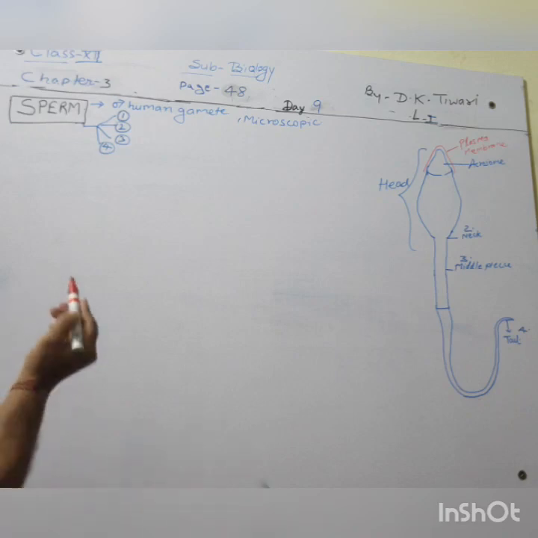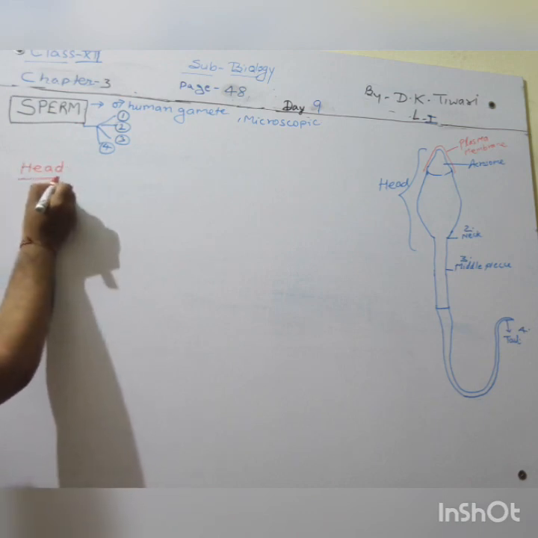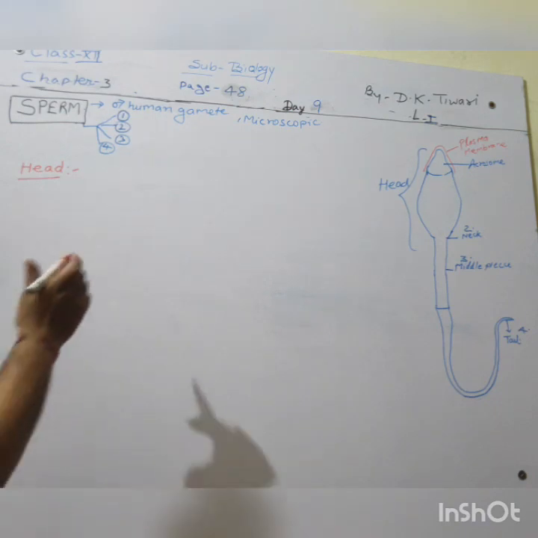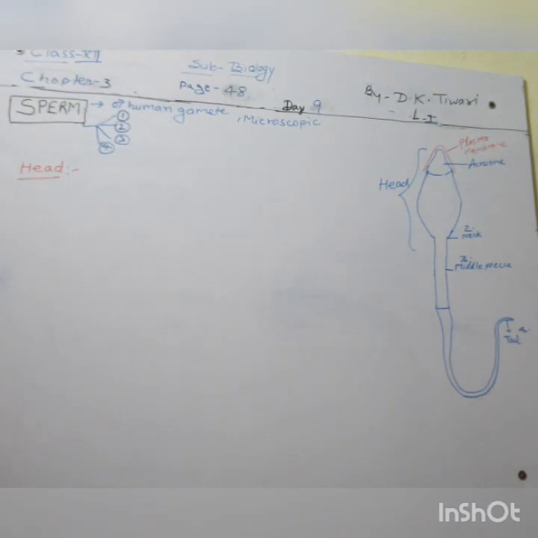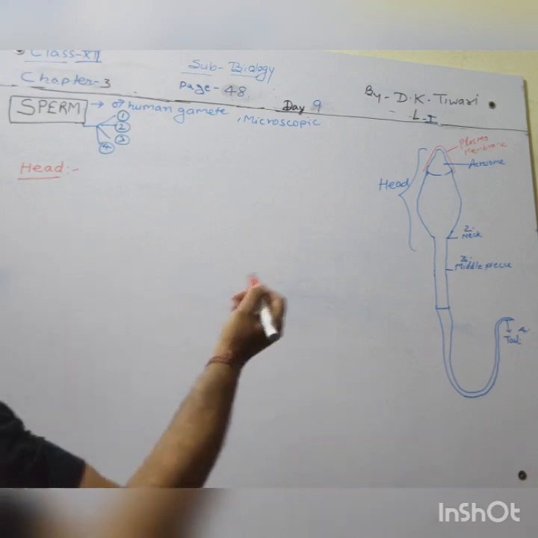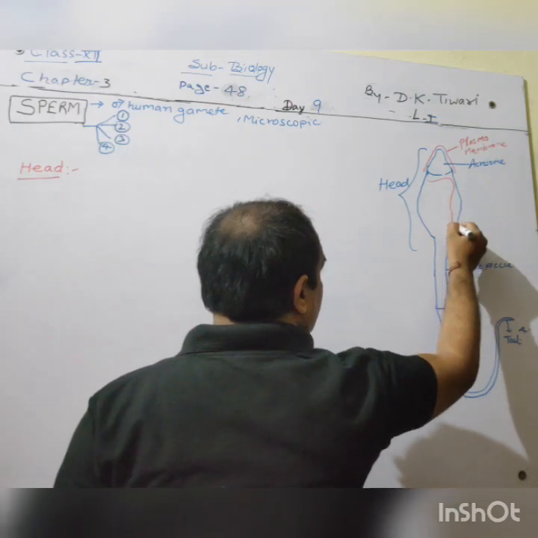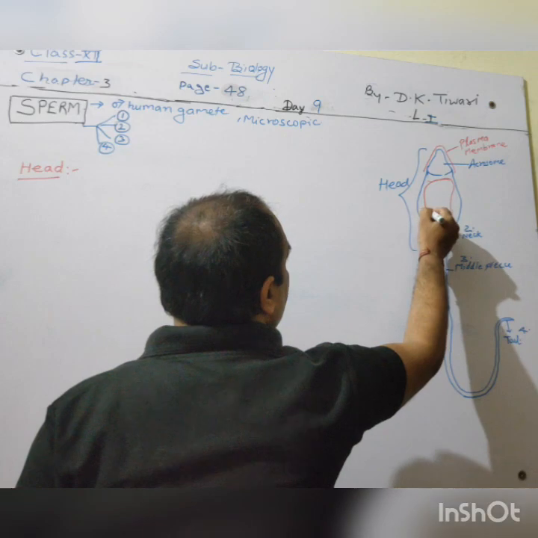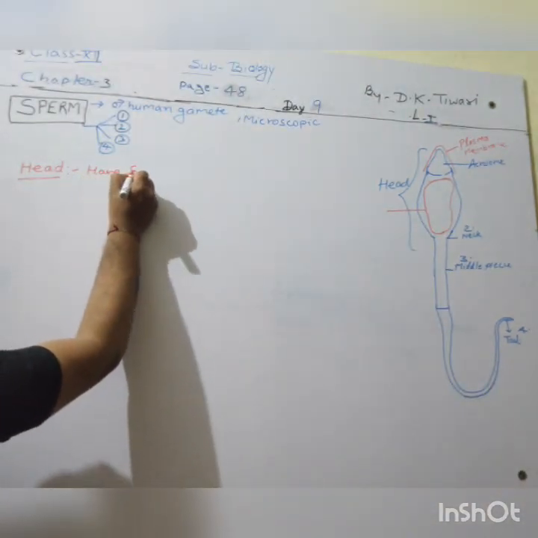First of all, the head. This is seen as the anterior most part of the sperm. One more important thing is that it must have an elongated nucleus.